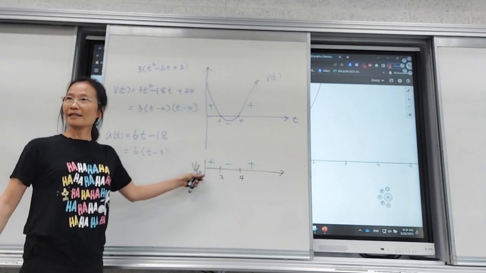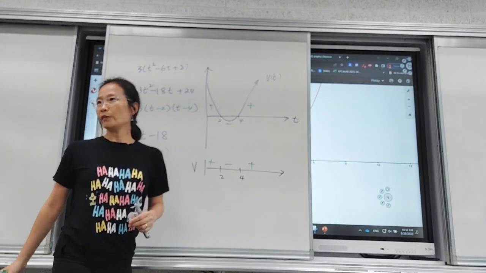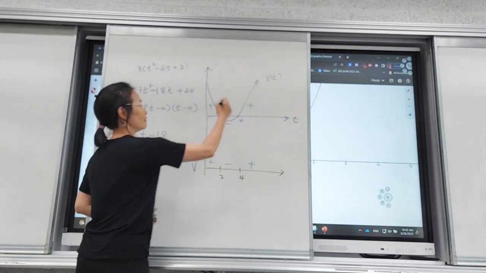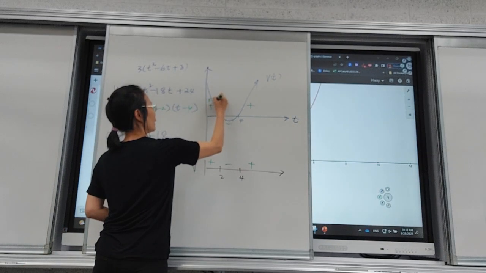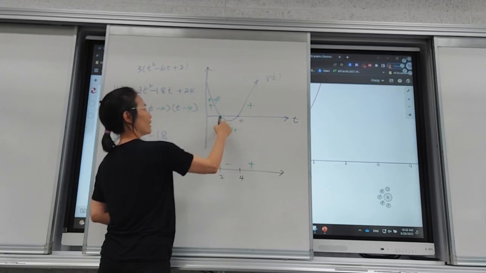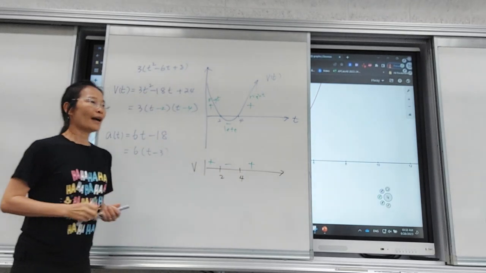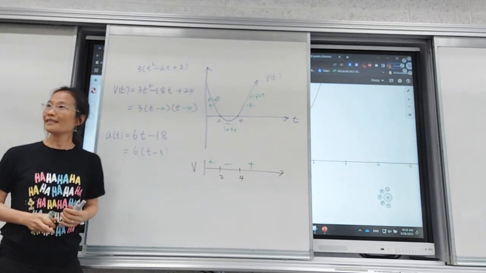Once you know the velocity sign, velocity positive, particle moves in which direction? You're moving to the right. And then you're moving to the left, because velocity is negative. So at 2 and 4, velocity is 0.